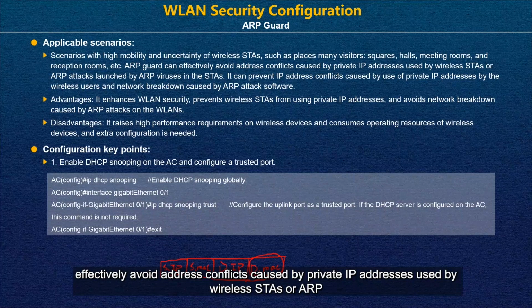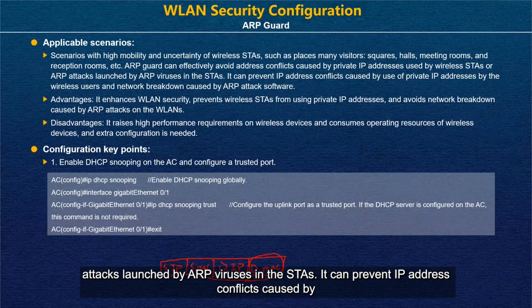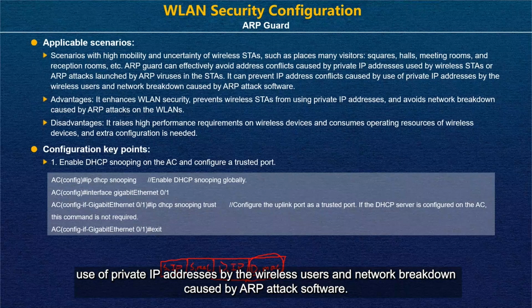ARP Guard can effectively avoid address conflicts caused by private IP addresses used by various STAs, or ARP attacks launched by ARP viruses in the STA. It can prevent IP address conflicts caused by the use of private IP addresses by users, and network breakdown caused by ARP attack software.